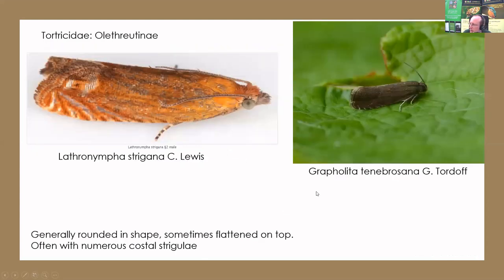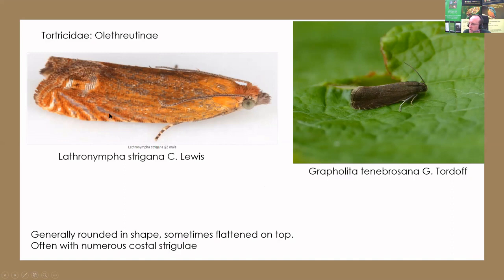The final subfamily amongst the tortricids are the Olethreutinae. These tend to be halfway between the two in terms of roundedness. So they're not particularly flat, but they're not properly roof-like. They're gently rounded as the wings roll around the body. Quite often they have what we call costal strigulae.